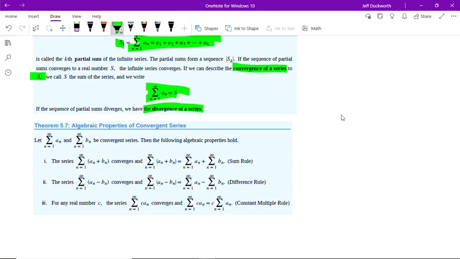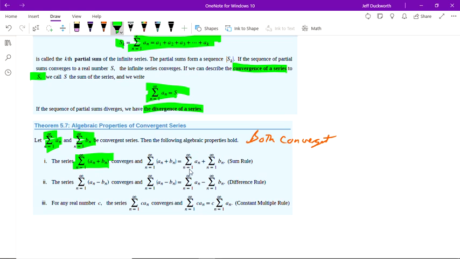A couple rules. The algebraic properties would be what you would expect, I would hope. So if you take the infinite series for an and the infinite series for bn, and they're both convergent, then by the sum rule, that converges.